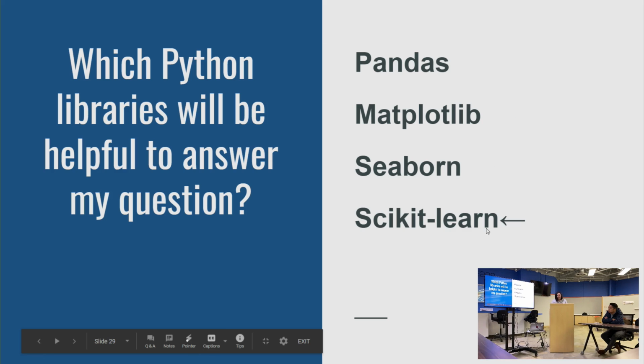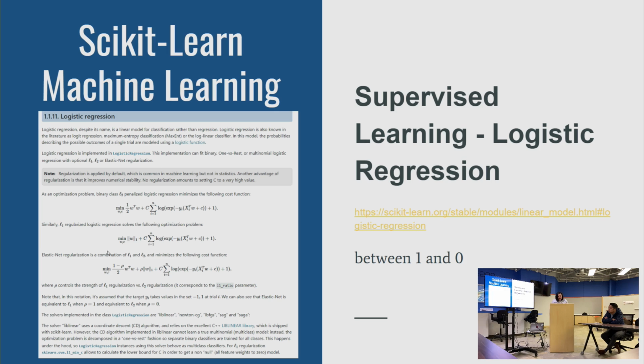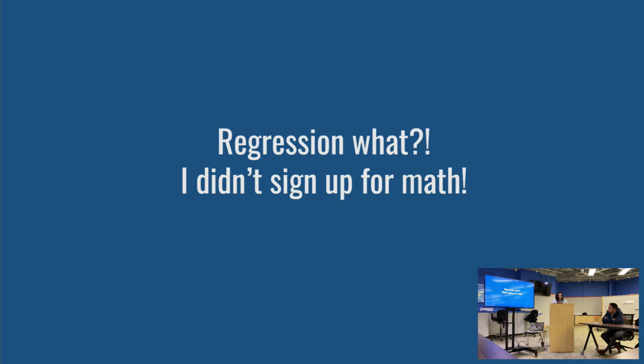Okay, so now we're going to switch to scikit-learn. The machine learning model that I selected was a supervised learning logistic regression, and that's going to give us numbers between 1 and 0. Did I lose everyone?